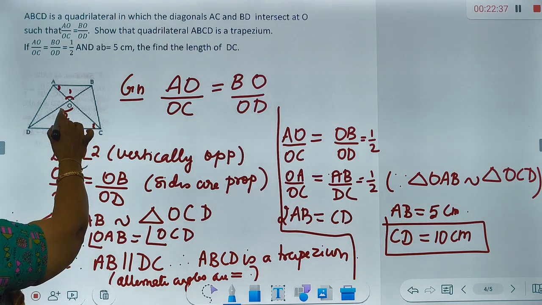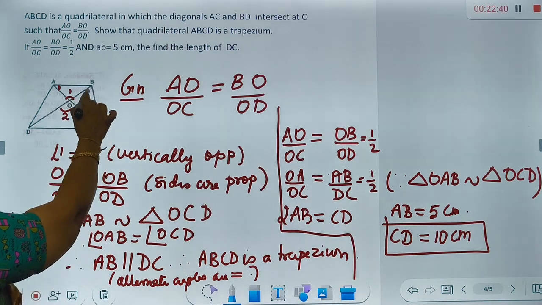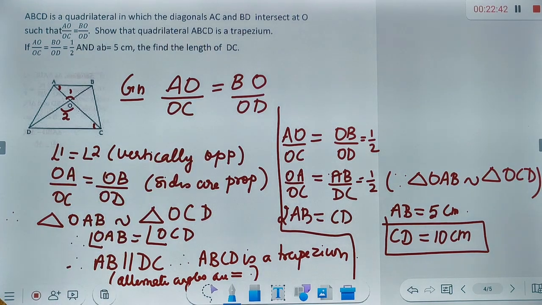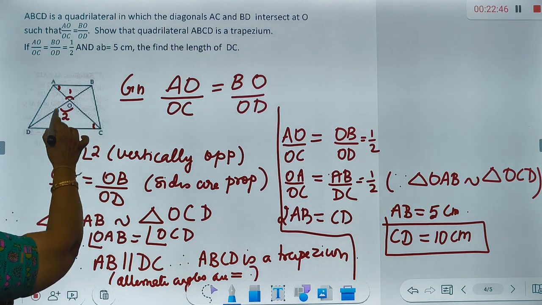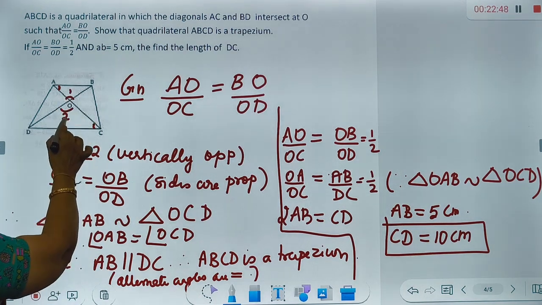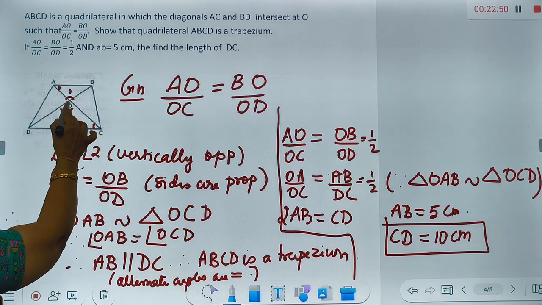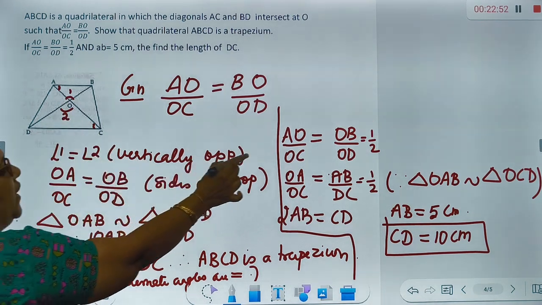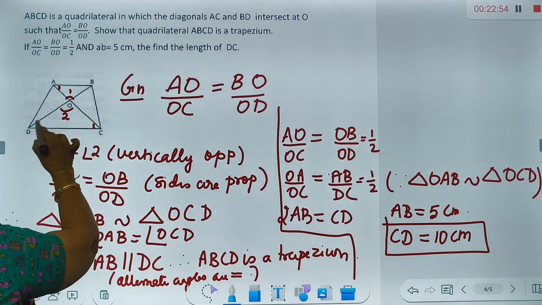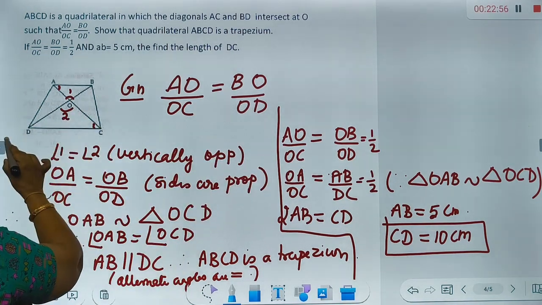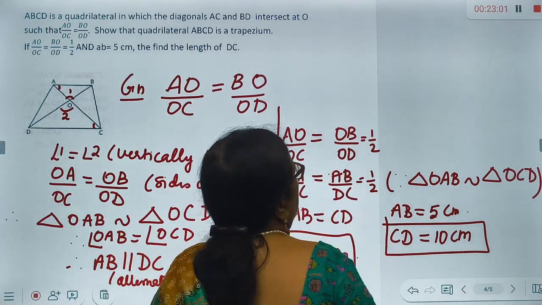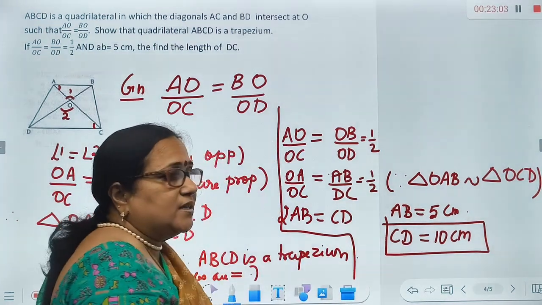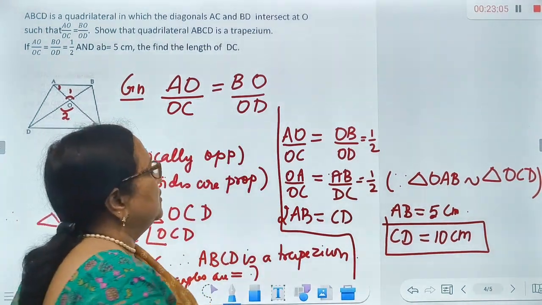They have also given you OA by OC equal to OB by OD equal to half. Because of the similarity of these two triangles, OA by OC equal to OB by OD is also equal to AB by DC, because if two triangles are similar, all the sides are proportional.